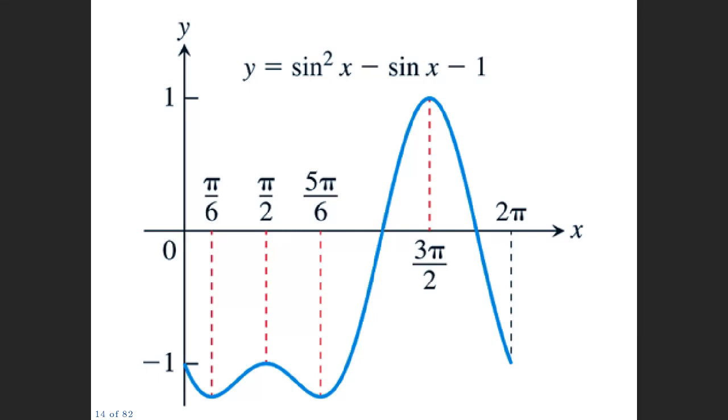The graph of the function actually looks like this. Decreasing, then increasing, decreasing, then increasing, then decreasing. If we want to calculate the extreme values, we calculate the value of the function at each one of these critical points and at the endpoints, and then we look to see which number is biggest and which number is smallest. And we're going to skip that part of the question.